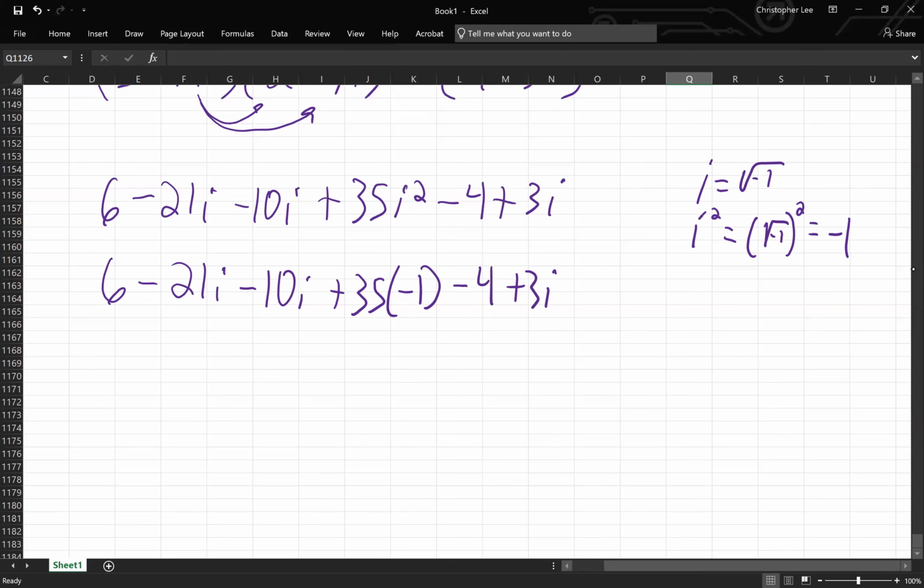Okay. Multiplication, this becomes 6 minus 21i minus 10i minus 35 minus 4 plus 3i. Now let's combine like terms. 6 plus negative 35, what's that? And then negative 29 minus 4, what is that?